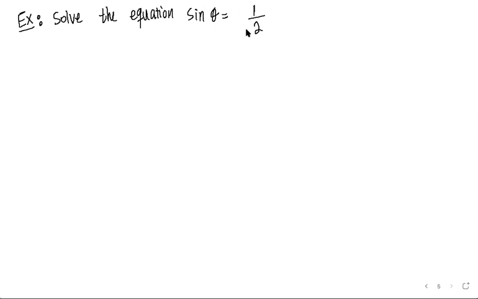So the first step, you look at the theta. Sine of theta equals 1/2, which is positive. Positive means the quadrant. So the sine is positive, meaning theta will be on which quadrant?